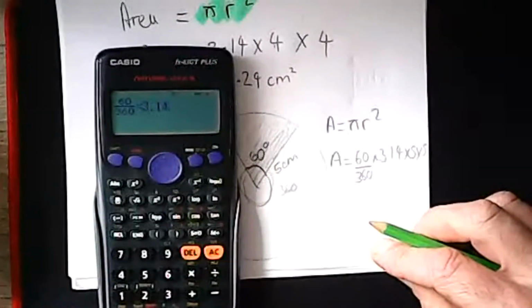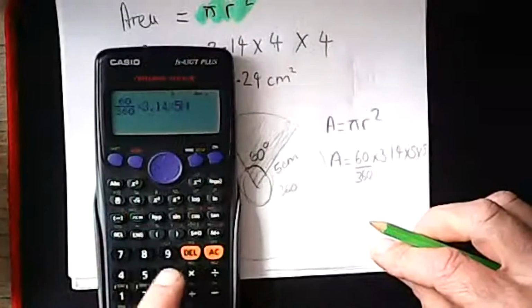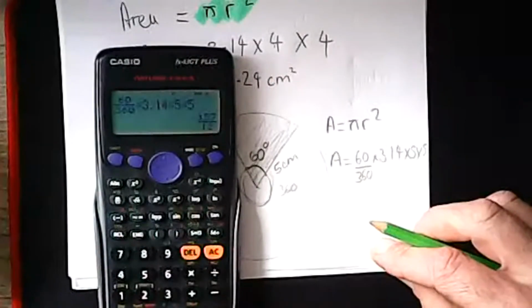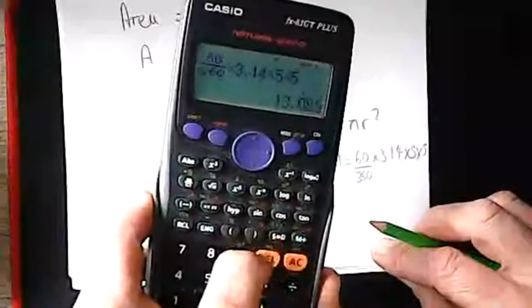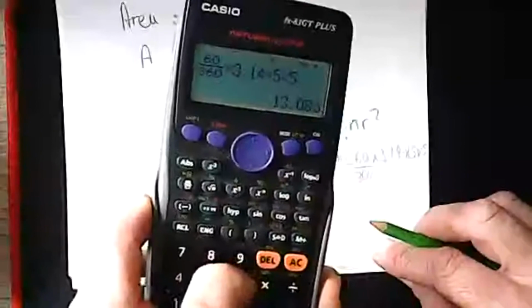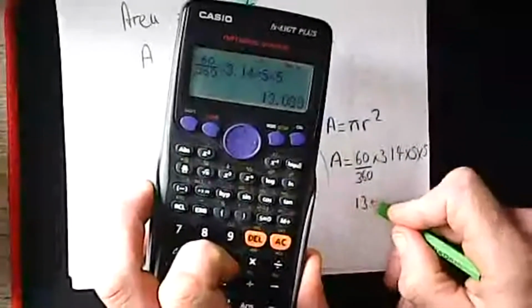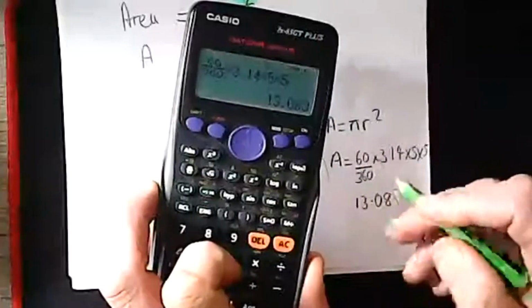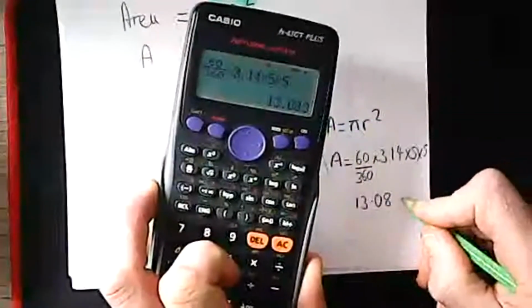You can use that pi button if you want to, but 2 decimal places is more than enough. Times 5 times 5. Boom. So you've got that as a fraction. So convert it to decimals, and 2 decimal places is fine. So that's going to be 13.08. Okay, that 3 doesn't affect the 2 decimal places, so I'm missing that out.